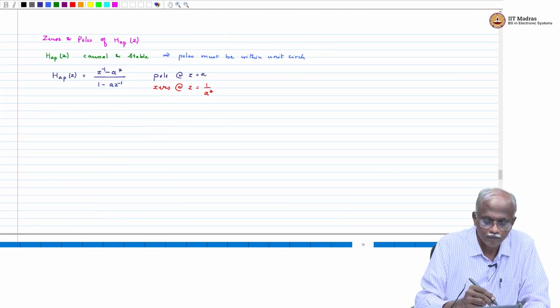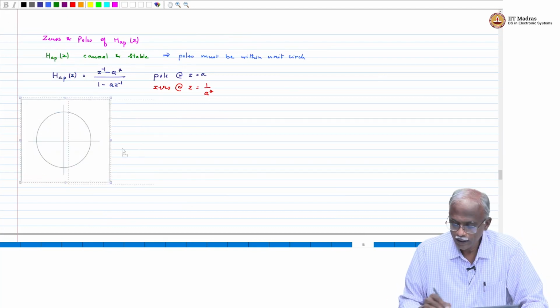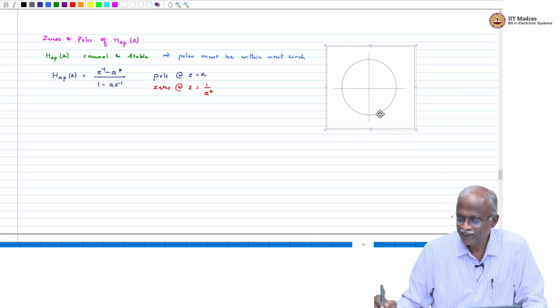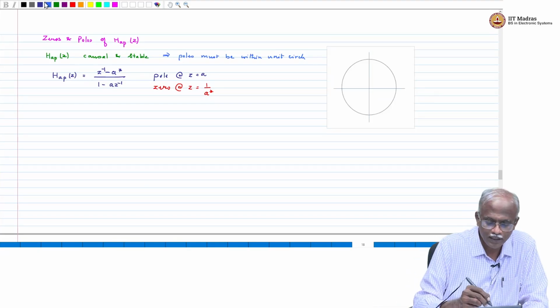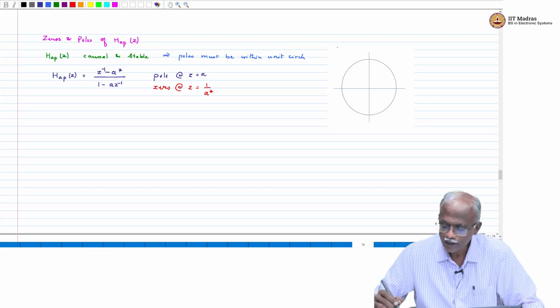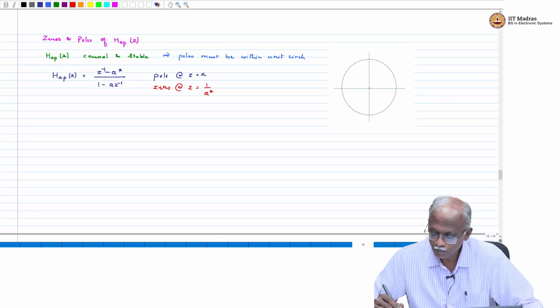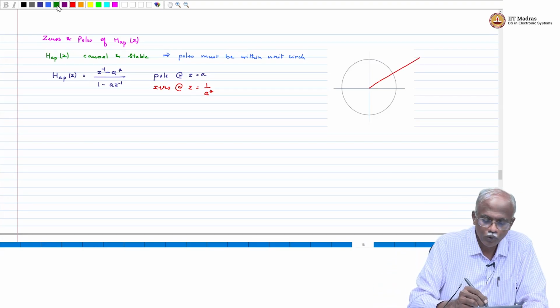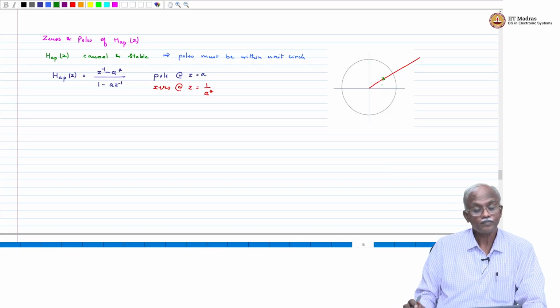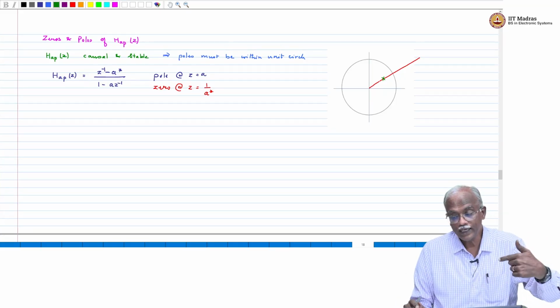All right. Okay, I have a unit circle so that I don't have to draw it, and so here is a way by which we can look at this. Supposing I have a pole which is located at A. The pole should be inside the unit circle, so I'm going to mark it here. Okay, where is A conjugate?